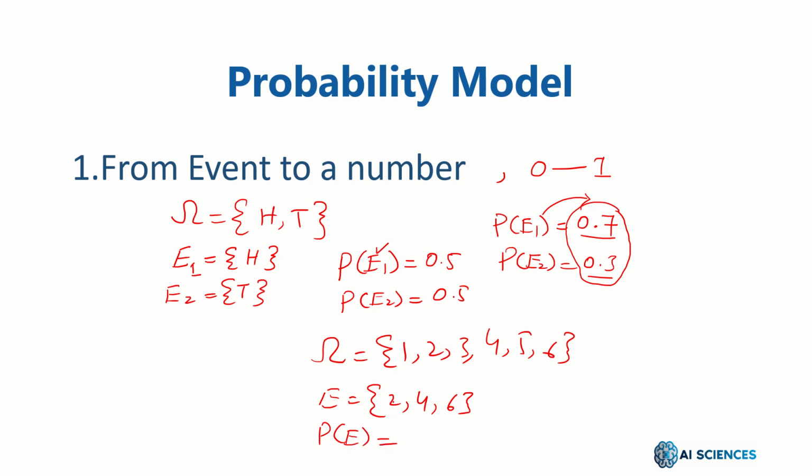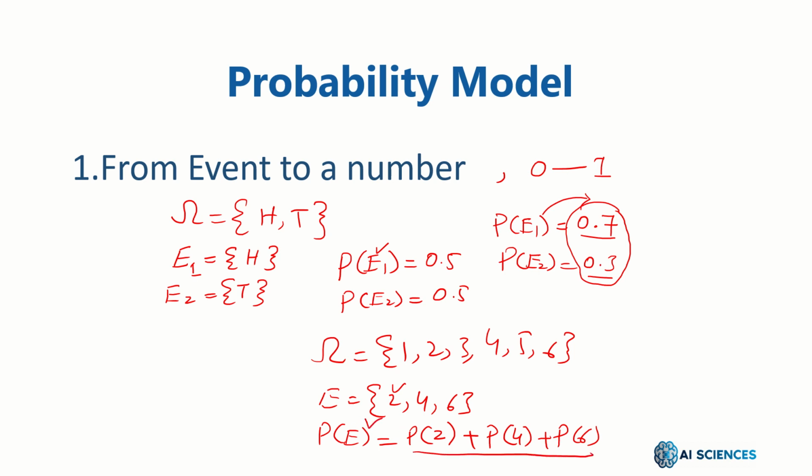Well, that's the probability that a 2 appears, then the probability that a 4 occurs, then the probability that a 6 occurs. So you add up all these probabilities, and that's the probability of the event.